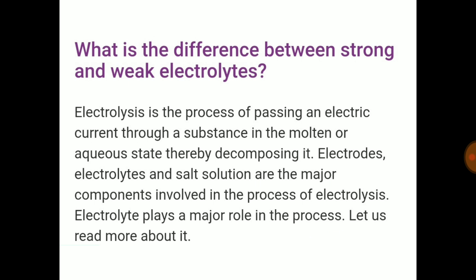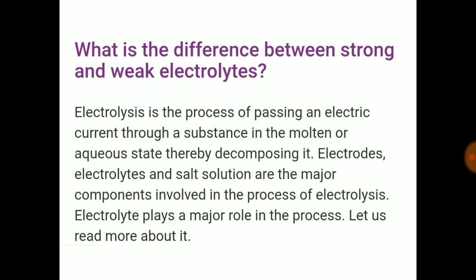Now we have electrolytes. What is the difference between strong and weak electrolytes? As we know, electrolysis is the process of passing an electric current through a substance in the molten or aqueous state, thereby decomposing it.